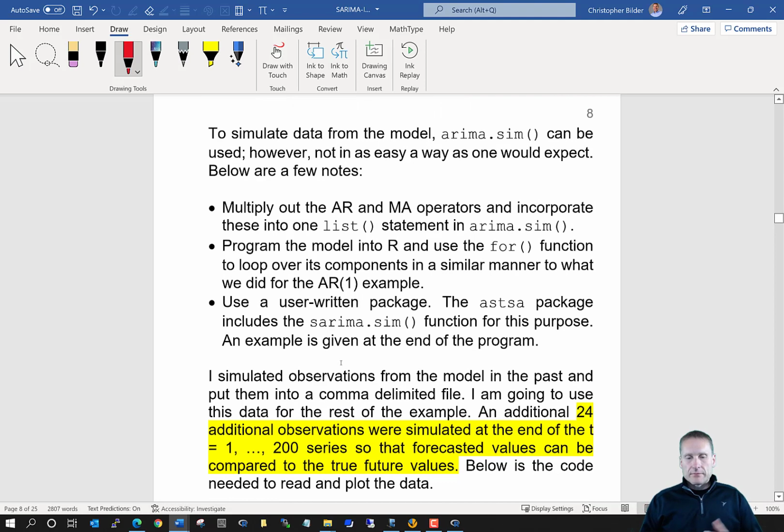Now, to simulate data from an ARIMA model, we can use ARIMA.sim, but it's not as easy as one would expect. And I'll talk about how to do that in the next bullet.